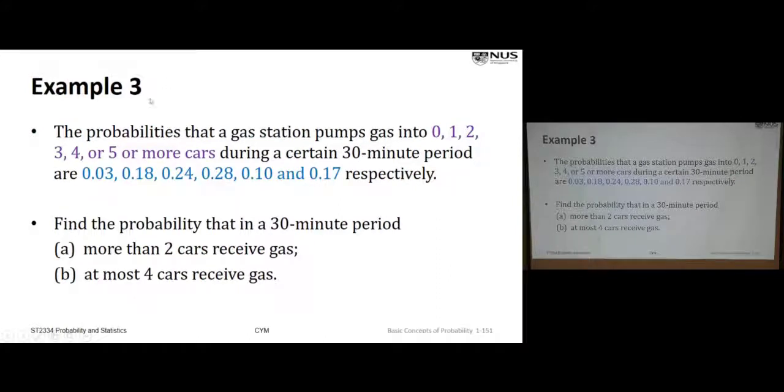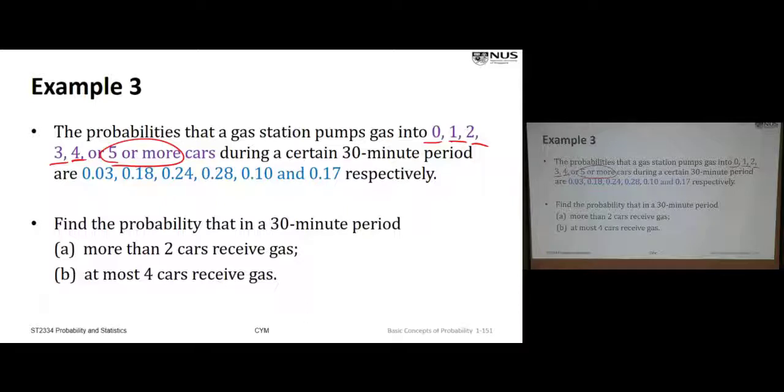Okay, example 3. Here I just want to emphasize that we have 0, 1, 2, 3, 4, 5 or more. This is the one that I mentioned. You have a gas station or a pump, and in a certain period there are cars visiting or needing to fill the tank with gas.